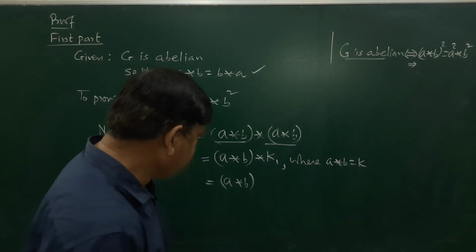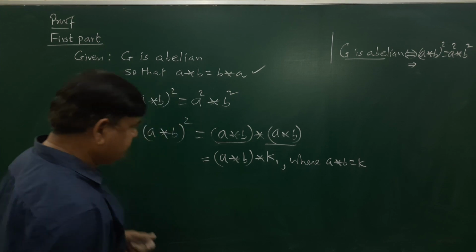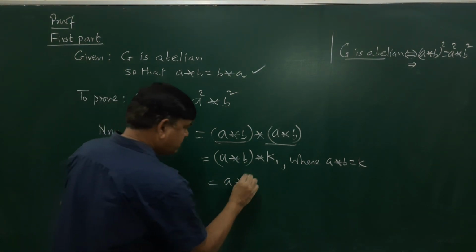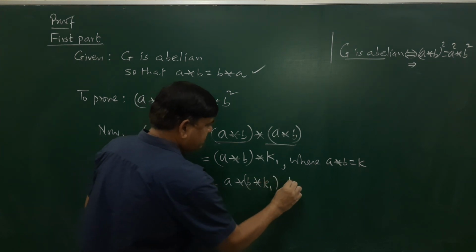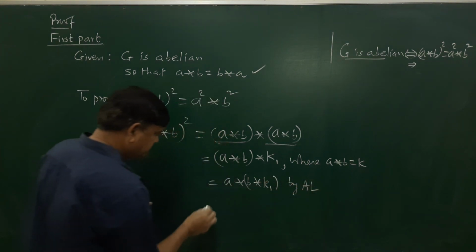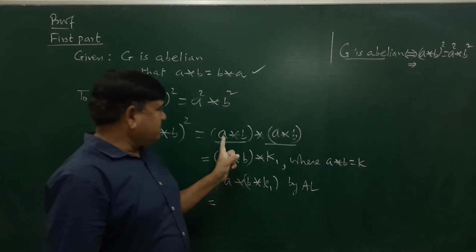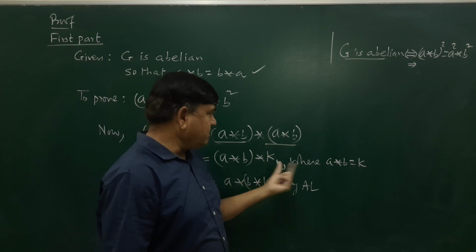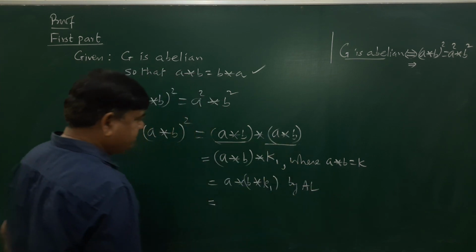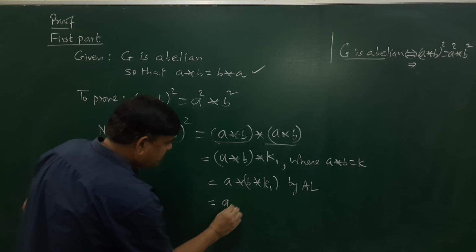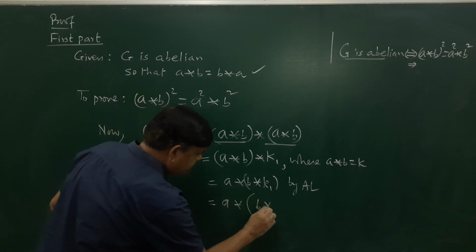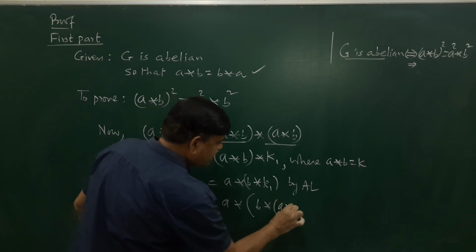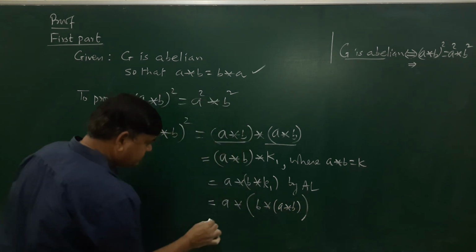Now we apply the associative law, because when we have more than this number of terms, we assume a single letter and then apply the law. Then it is a star, this is b, and k1 is a star b.